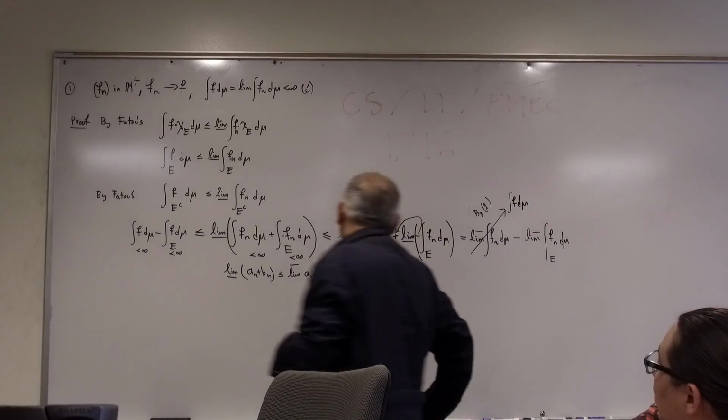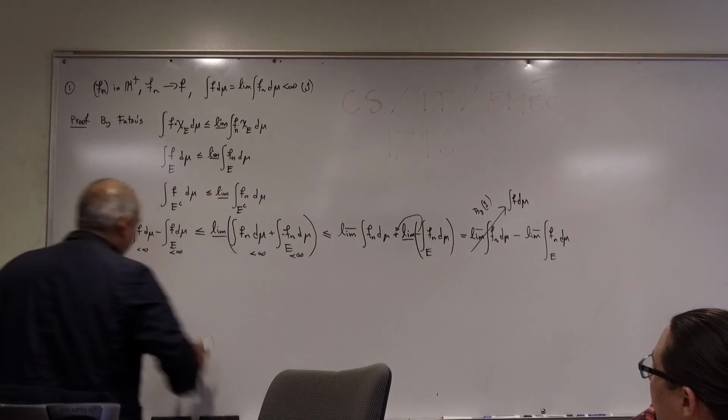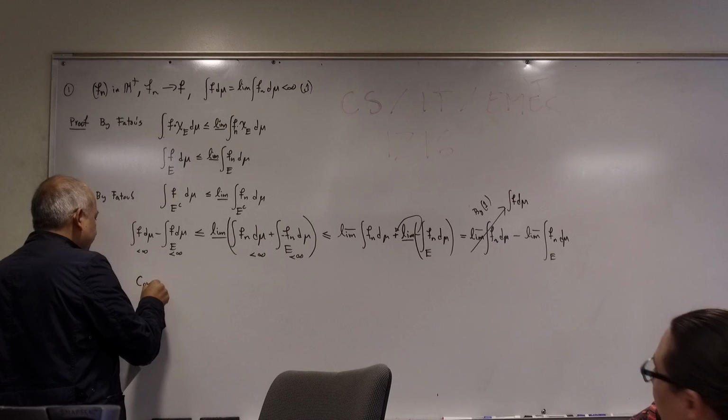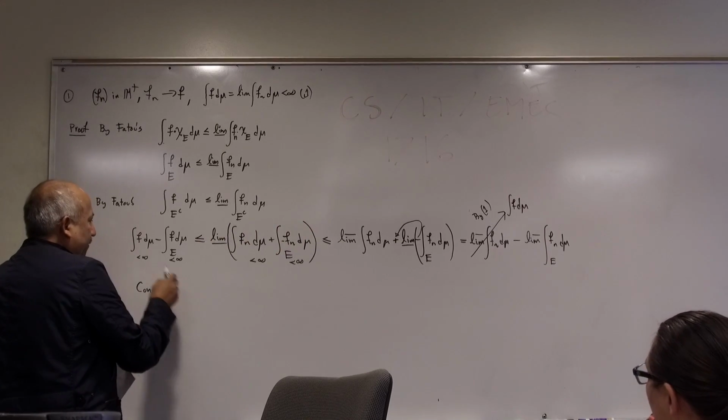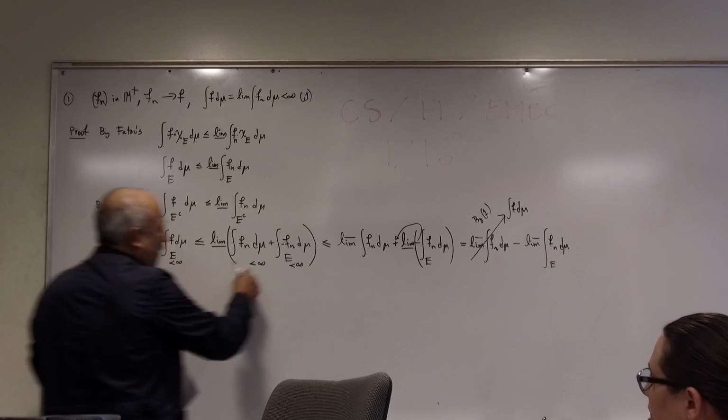So what is the conclusion? This is less than or equal than that. You guys agree? So this is less than or equal than this, less than or equal than that.